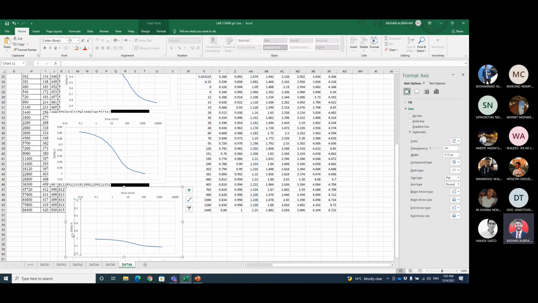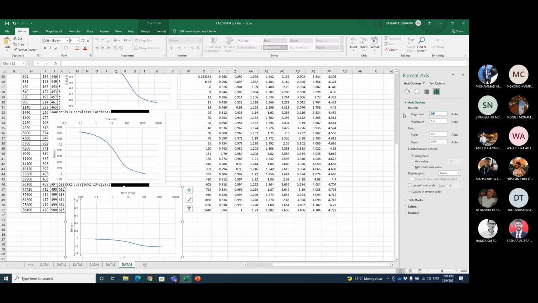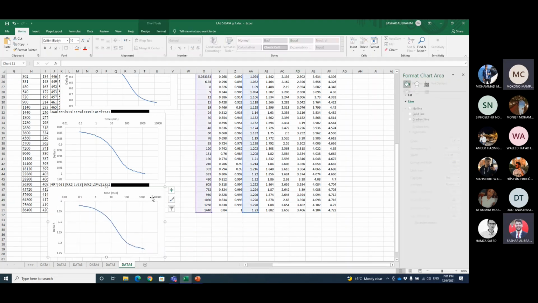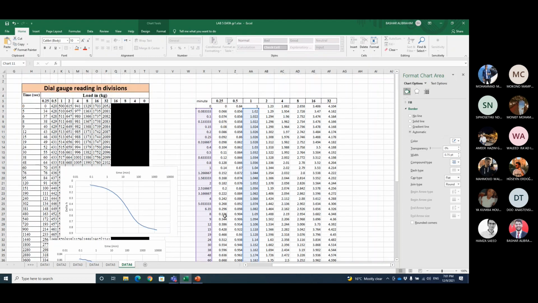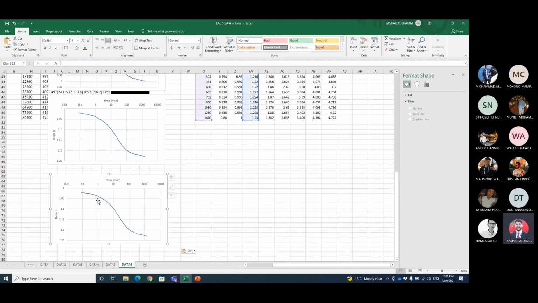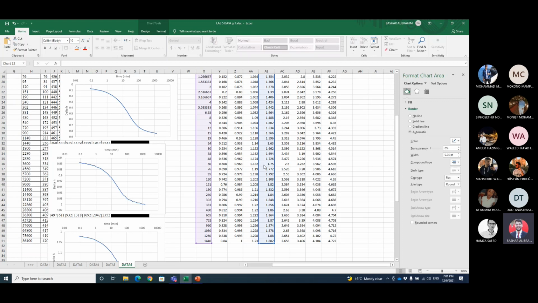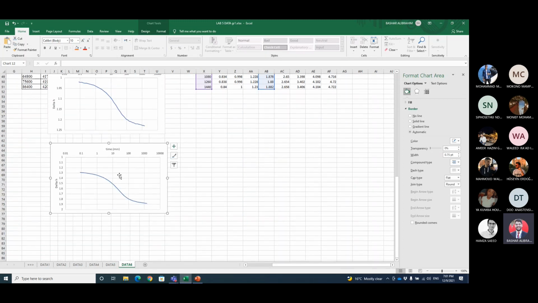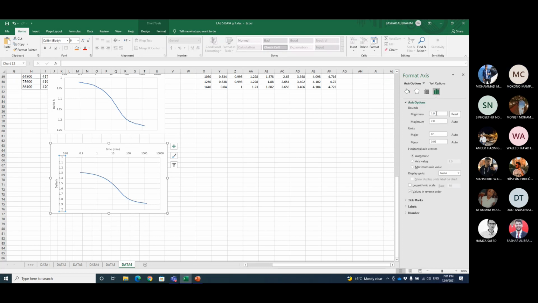You can also adjust the scale here so you can always see it clearly. So this is 1. Always adjust the scale so you can see it clearly. How can you duplicate the figure? You copy it, paste it, then change the y-axis like this. Very easy. Copy, paste, change y-axis, so you save time.